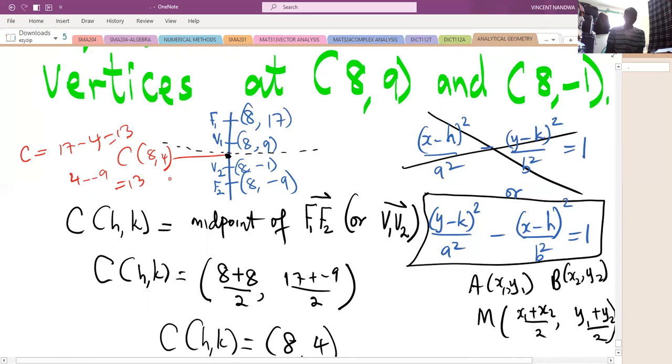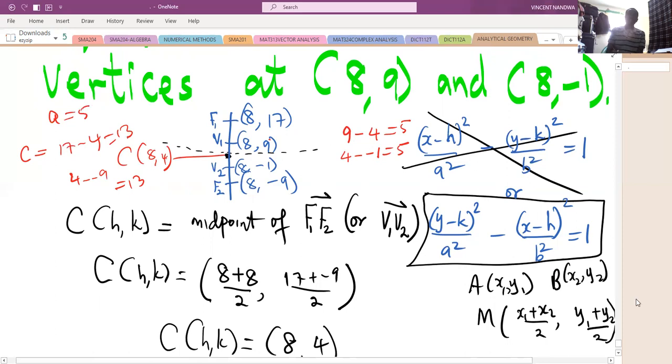And then a is the distance from the center to the vertex. (8, 4) to (8, 9): the distance is 9 minus 4, which is 5. Or 4 minus -1, which is still 5. So the value of a is 5.